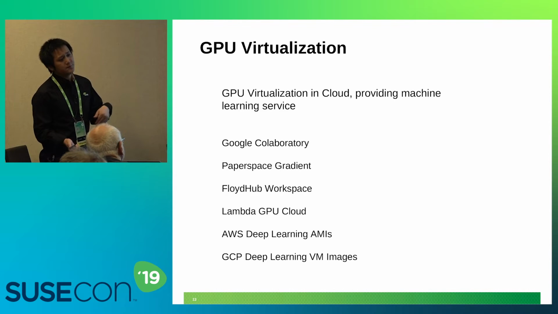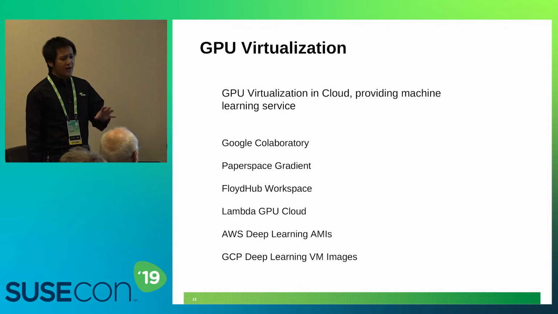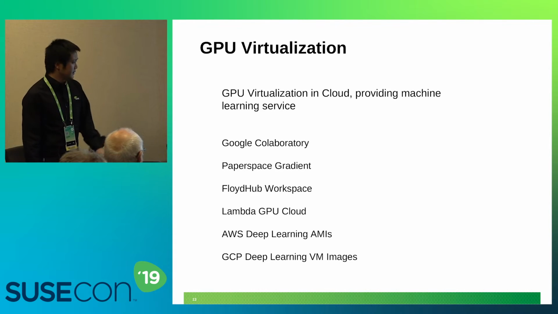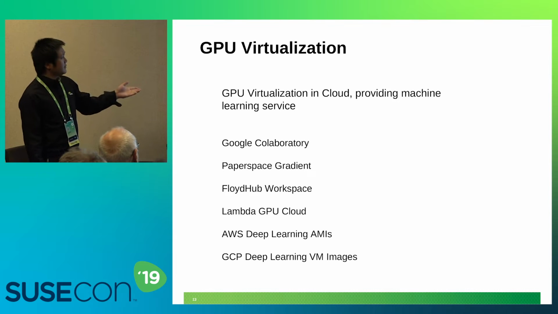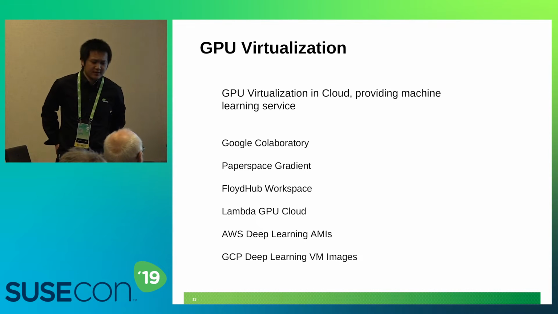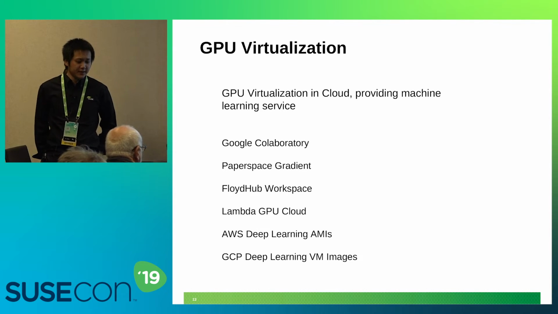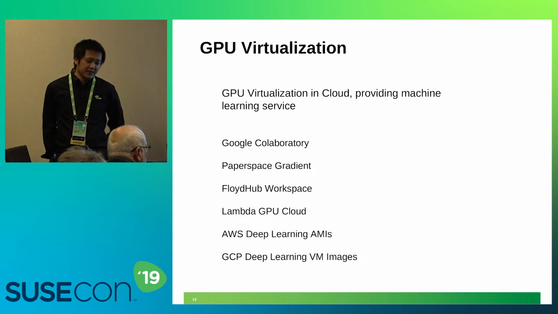So you just work on your project, focused on your data directly. Companies like Google, with Colaboratory, and Paperspace Gradient, FloydHub Workspace, Lambda GPU, AWS, GCP, they all provide these VM images.